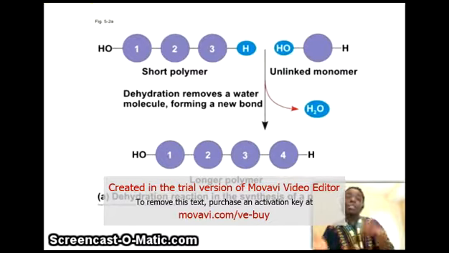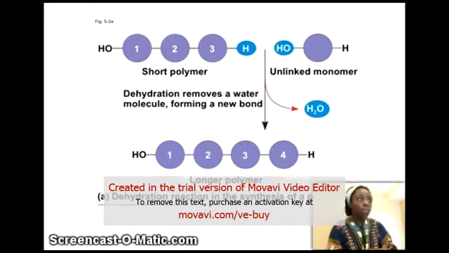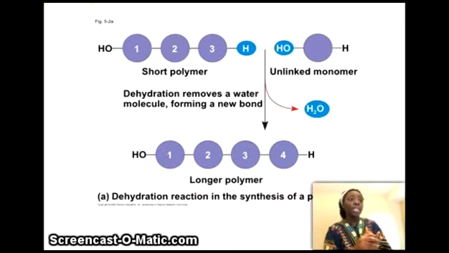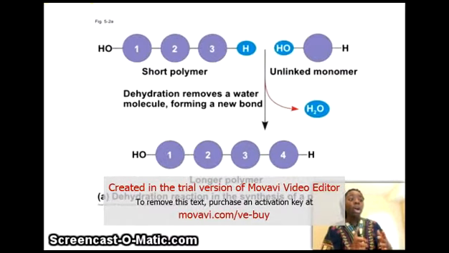One polymer is made up of a lot of monomers. Three of the classes of life, the really important organic molecules that I told you about, are polymers: carbohydrates, proteins, nucleic acid. The synthesis and breakdown of polymers.